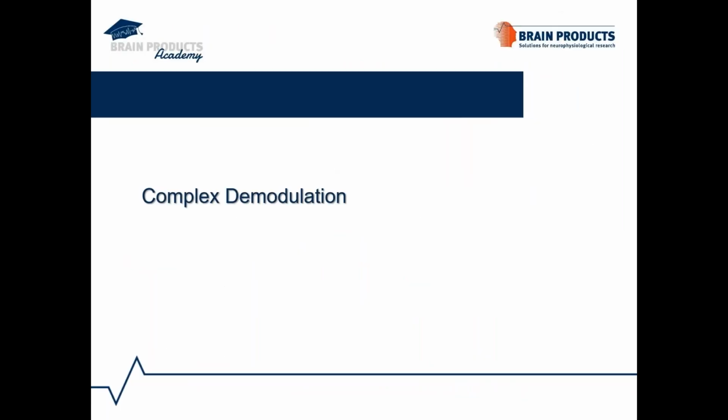Now I'm going to introduce another spectral analysis method that can also be used to investigate transient changes of oscillatory EEG signals. It is called the complex demodulation method. Are you motivated to learn more about it? Let's start.